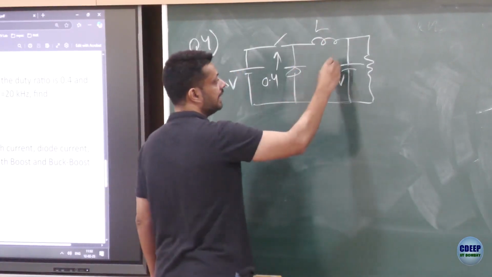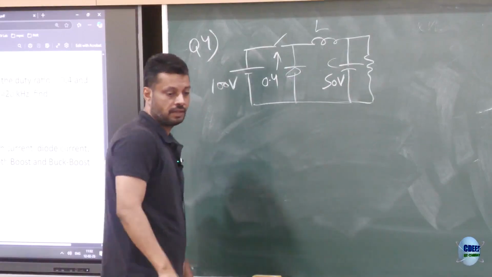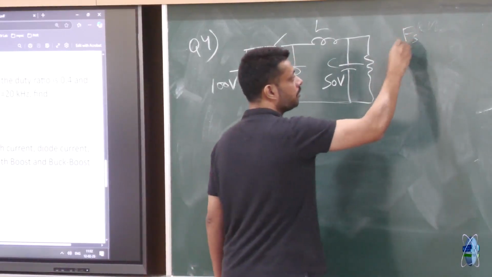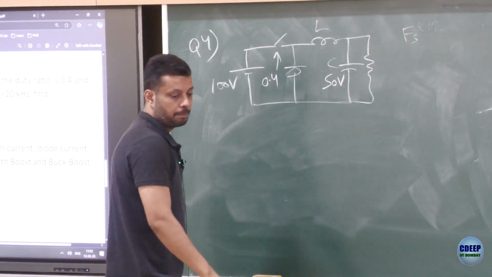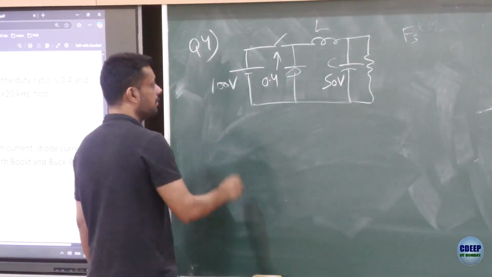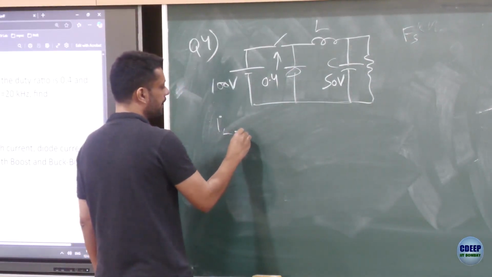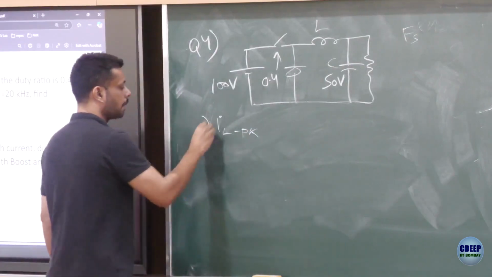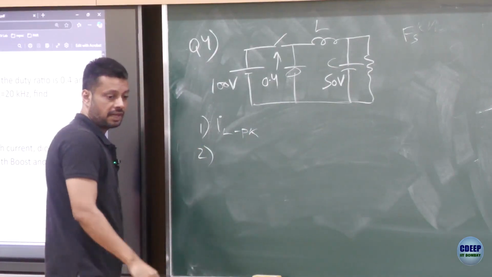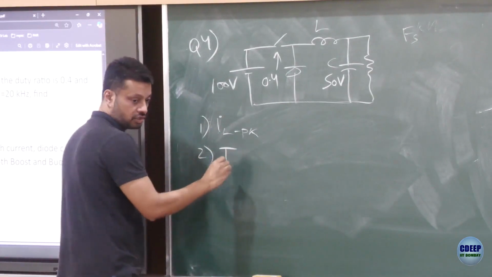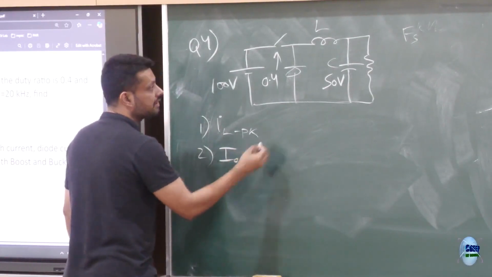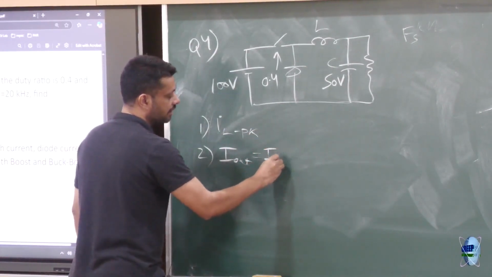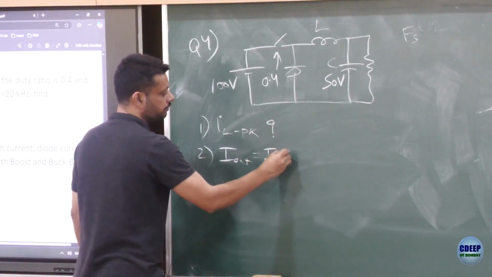Values of L and C are given to you, Fs is also given to you. Find the peak value of the current, find IL peak. Second part, find the average output current, which is nothing but equal to the average inductor current because this is a buck converter.